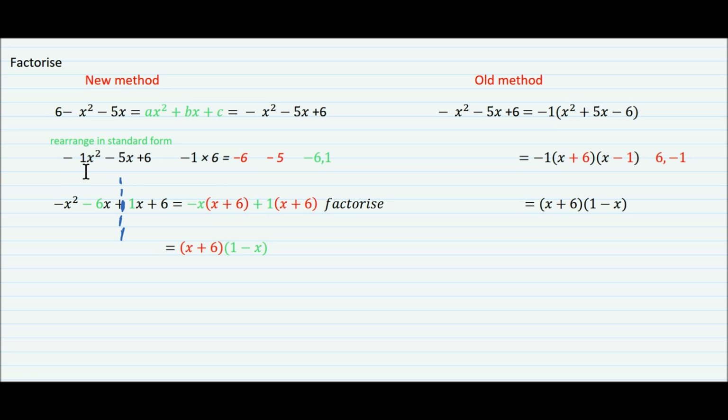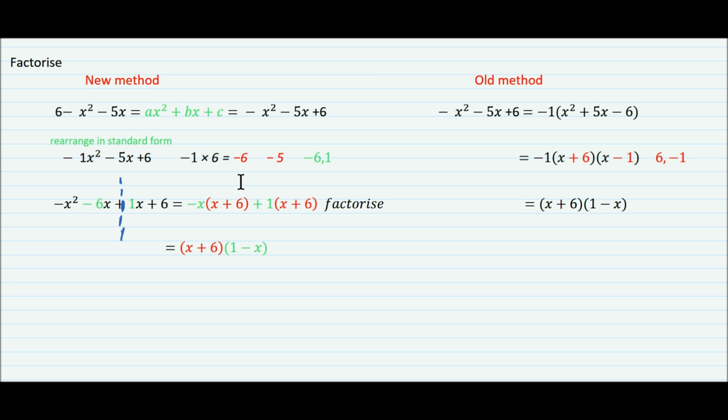Again, minus 1, the number in front of the x squared, times plus 6 is minus 6. Okay, then you deal with minus 6 and minus 5. You don't deal with just the plus 6 because you have a minus in front of the x squared, so you can't use this. What you say is you times the coefficient of the x squared times the plus 6. So that's minus 6.